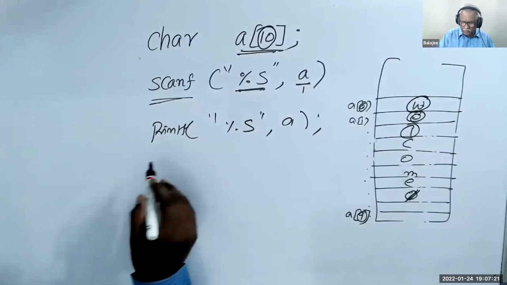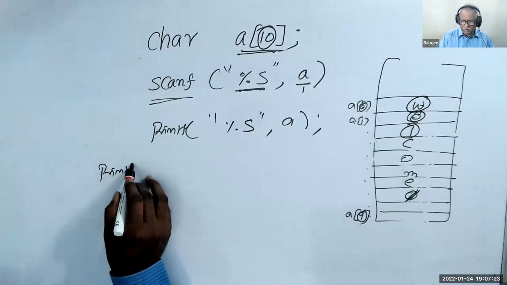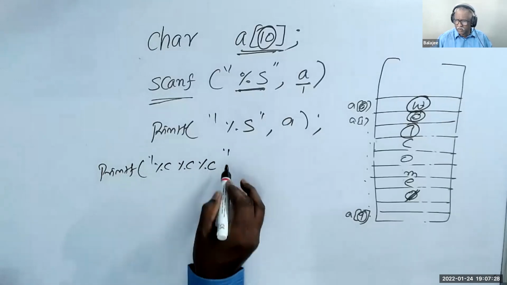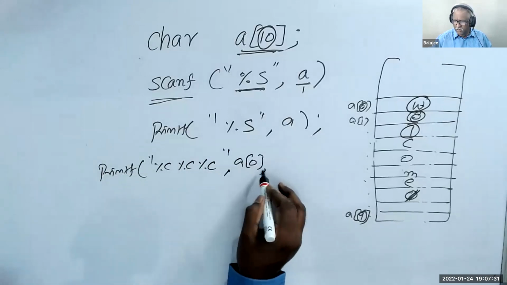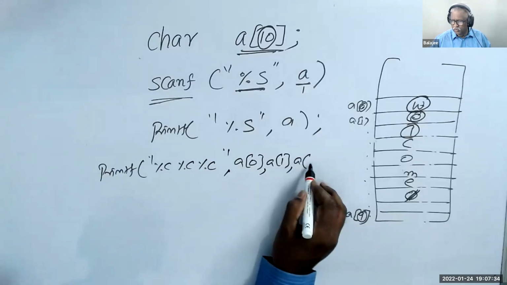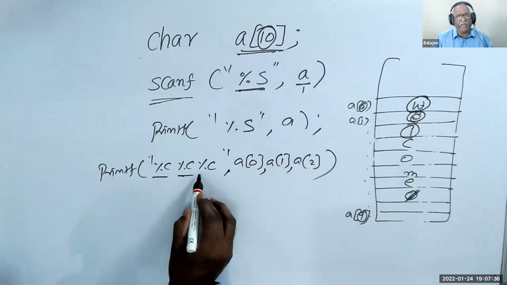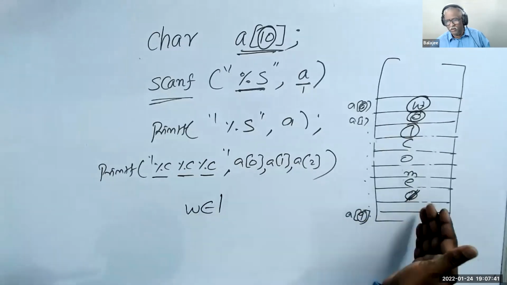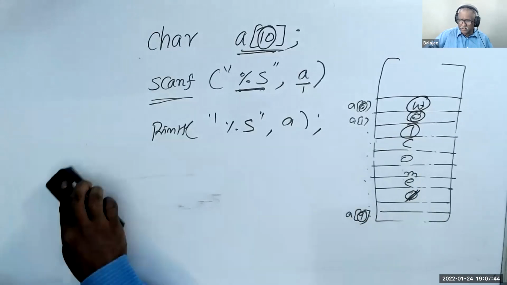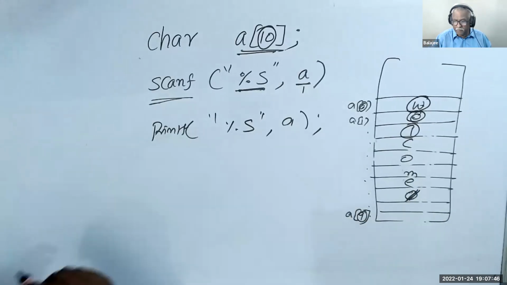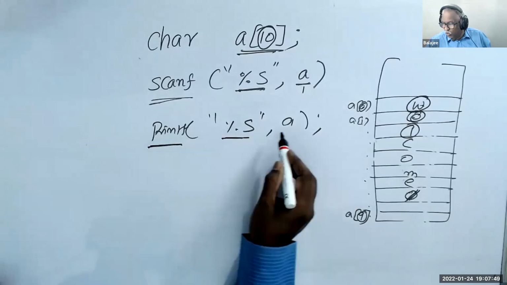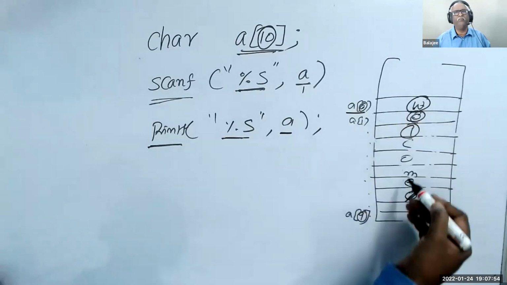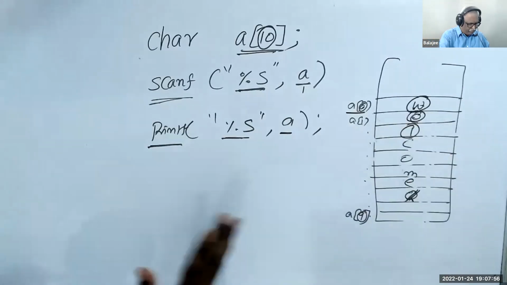So if you put here printf %c, %c, %c, comma, A of 0, comma, A of 1, comma, A of 2, each one will print one character. So you get W, E, L. That's all. You don't get the full word. But if you do printf %s, then printf knows that it's a string. It goes to the first thing, A, W, till it ends with 0. It will print everything.